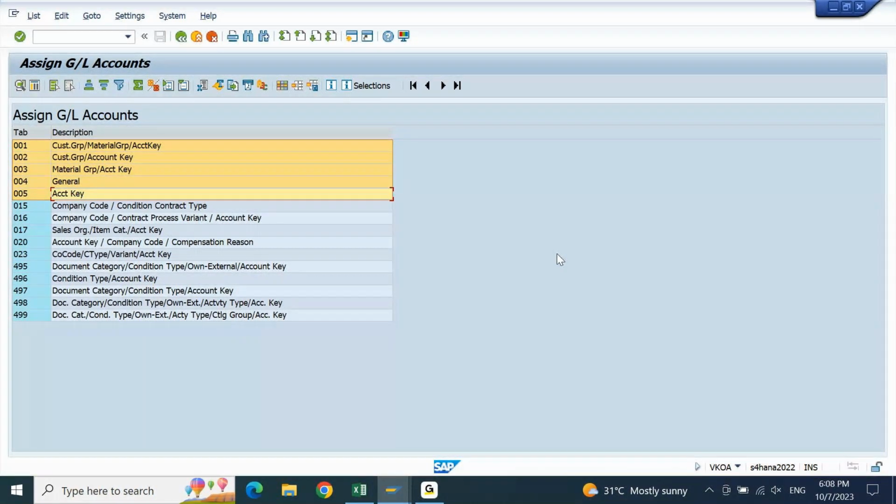Material group is assigned in material master data. In customer master data, you have 2 segments. Your accounting segment will be there, sales segment will be there. In the sales segment, you are going to update customer account group. In the material master, we will be assigning material account assignment group. Based on this key combination, the system is going to identify the GL account.